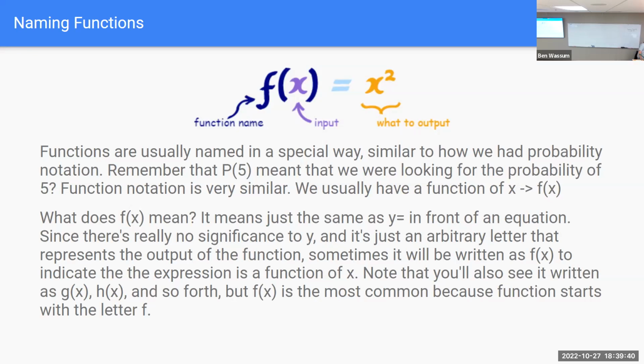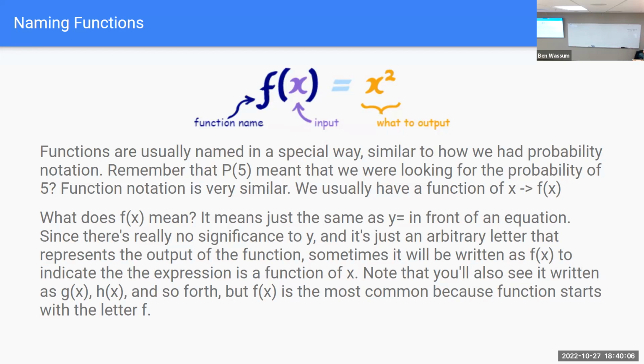None at all. Myself included, I have none. So just think of that f of x equals being essentially y equals. Just in this case, instead of y equals, we have, hey, this thing's named this, and this is going to be its variable. Okay?